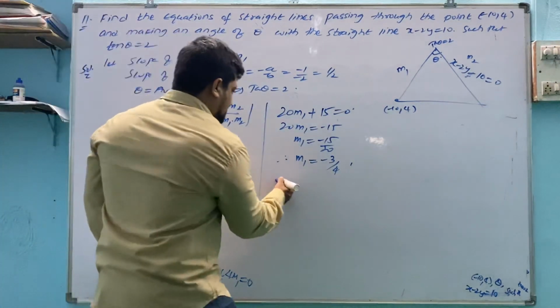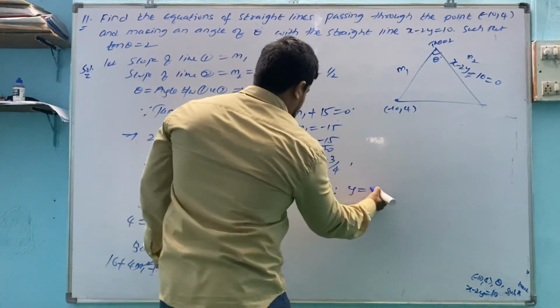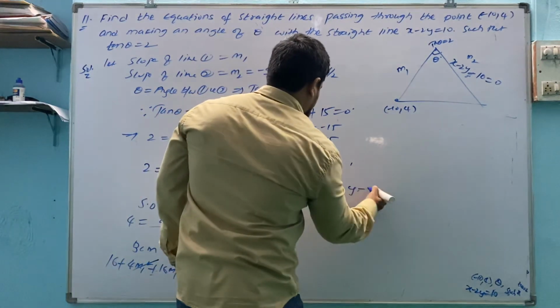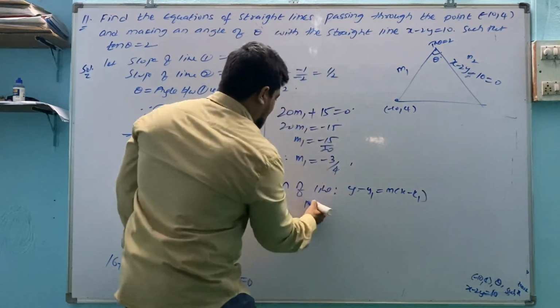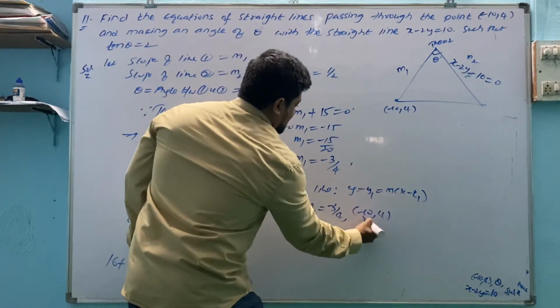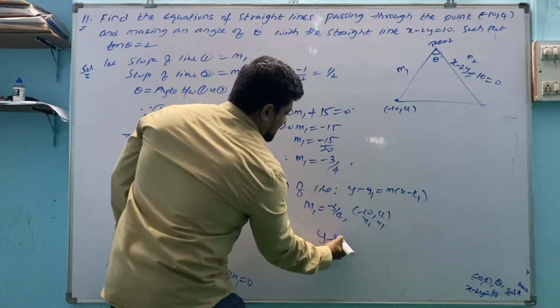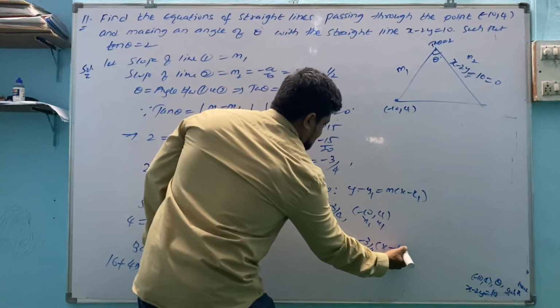Okay, equation of line: y minus y1 is equal to m into x minus x1. So the m value is there, minus 3 by 4, and the point is given to you, x1, y1.